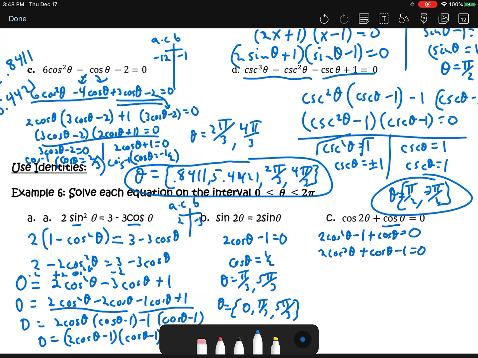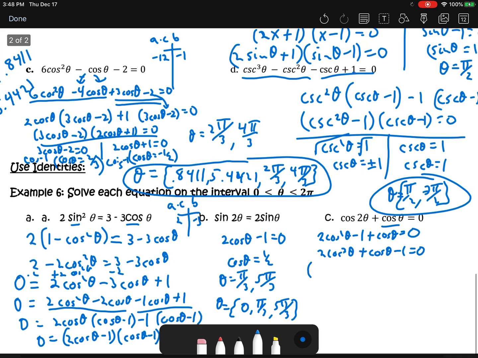And we have to split the middle term again. Now, when I say have to split the middle term, you don't have to. I'm going to show you how I would do it. I know the only factor of 2 cosine squared is 2 cosine and cosine. That's the only way to get 2 cosine squared. I also know that the only way to get 1 is 1 times 1.